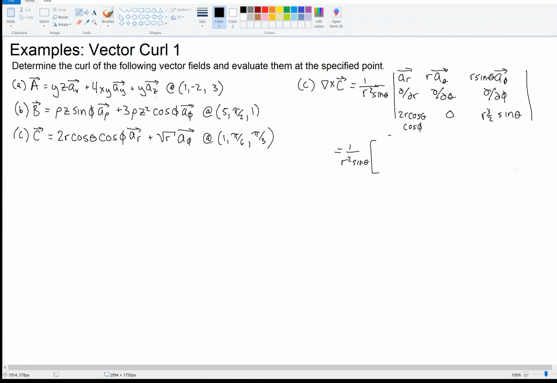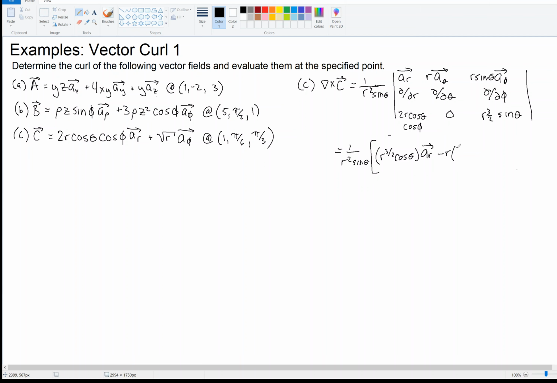All right, so again, we just carry out this determinant. Okay, so we've got 1 over r squared sine theta times everything. So I start with circling the r, and then we do d theta operating on this thing. So that makes r to the 3/2 cosine theta minus d phi operating on 0. So that's just 0, right? So that was in the r direction. Then minus r times d dr operating on this term here, r to the 3/2.